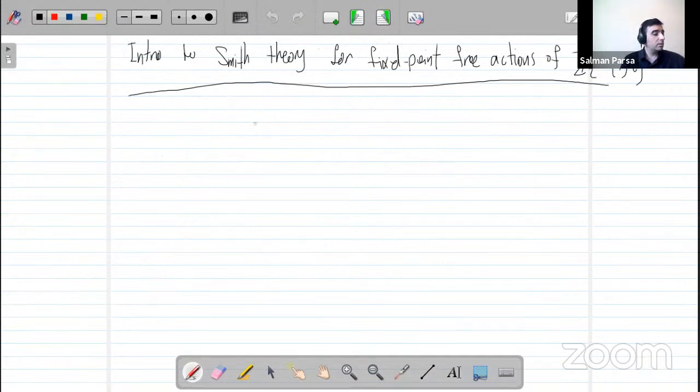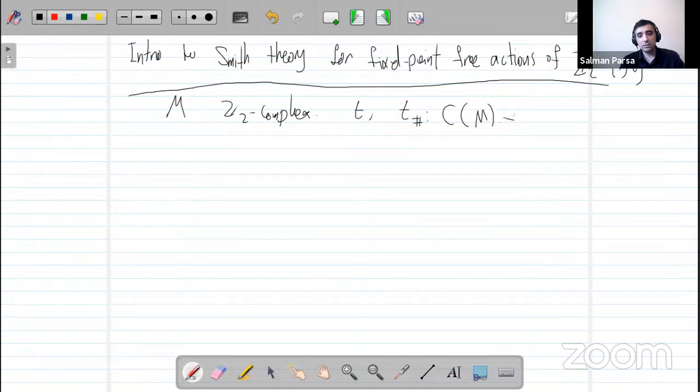Okay, so what are these Smith classes? Let's have, as before, M to be a Z2 complex, and I denote the action of this by T. And then we have also T sharp, which goes from the chain complex to the chain complex, and T sharp again, which goes from the cochain complex to the cochain complex.